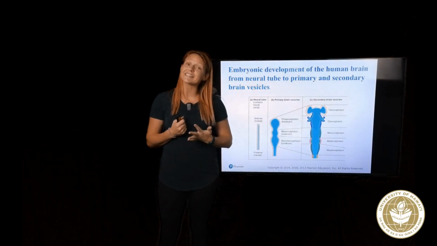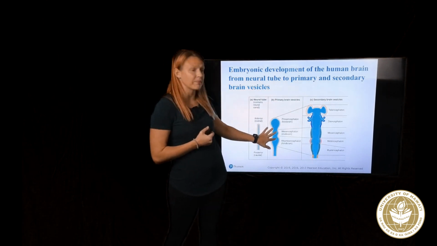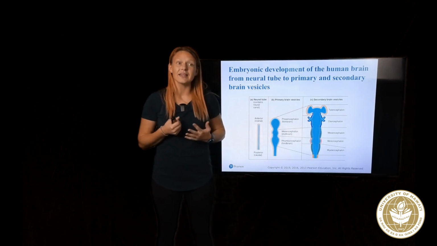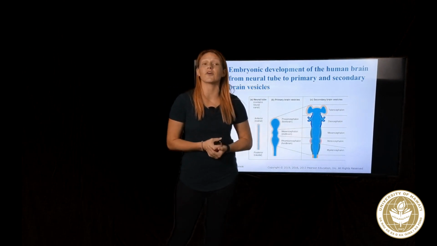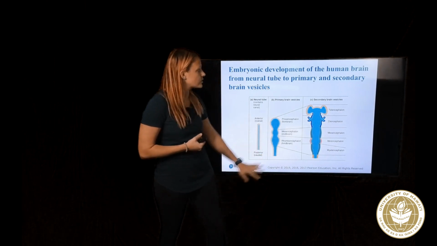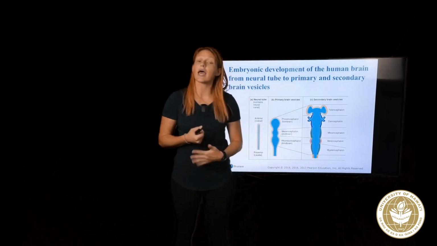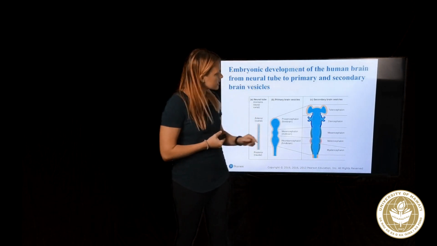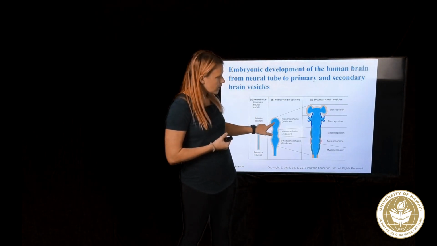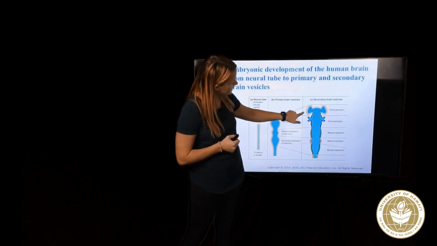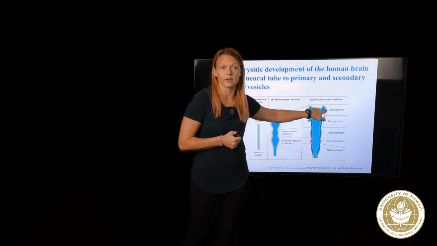As you probably guessed, we don't just end with these primary brain vesicles though, right? That still doesn't look like the adult brain. So later on, we start to differentiate these primary brain vesicles into secondary brain vesicles. And there are 5 different types of secondary brain vesicles. So this forebrain region here is going to develop into 2 different regions. The telencephalon right up here.